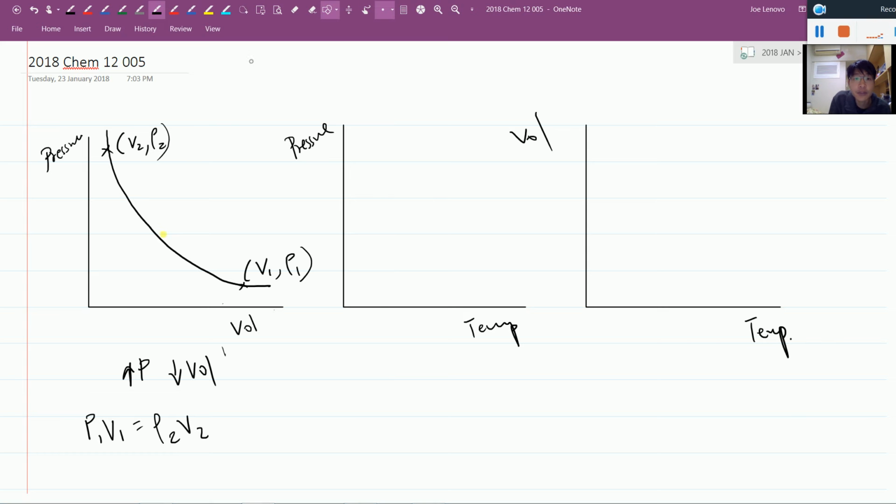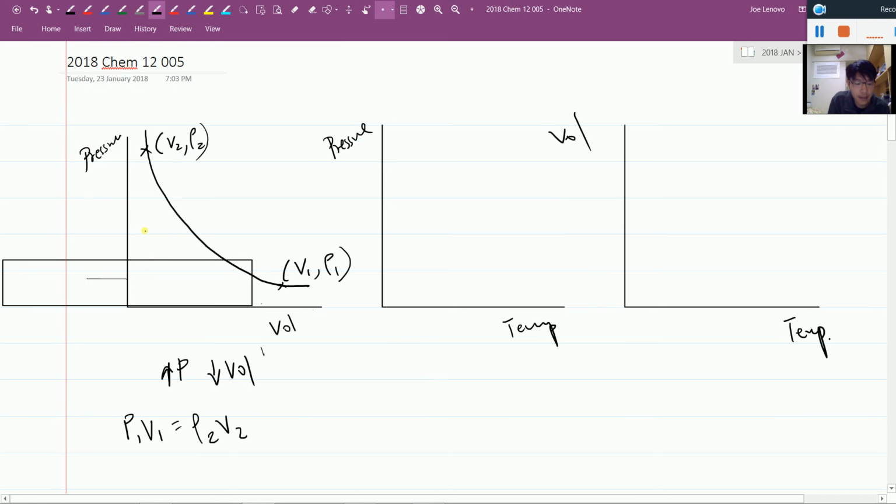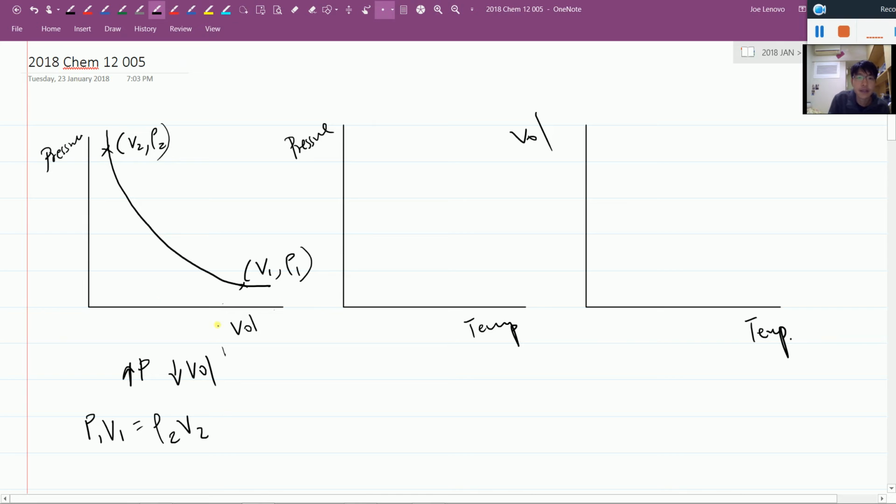So if you try to draw a square here, from this point all the way down here, you form one rectangle, and this rectangle is P1 times V1, and that area would be exactly equal to, I'll use the other colors on this side, the green one highlighted, the area there, and this area refers to V2 and P2 would equal the area regarding V1 and P1.